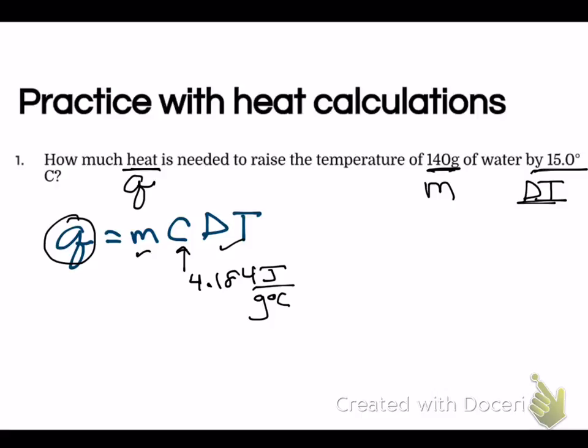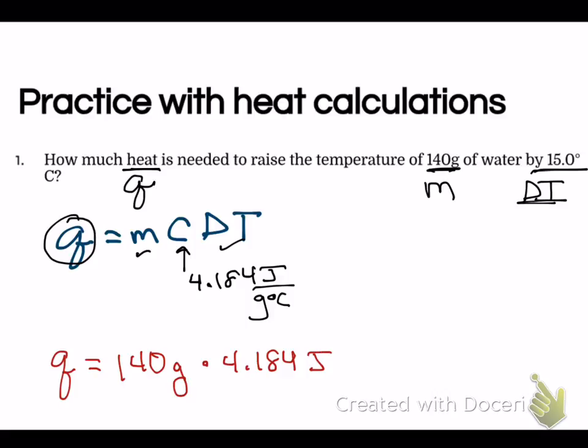So all I have to do is substitute everything into the formula and find Q. I don't even need to rearrange this formula because Q is on the left all by itself. In the future, we're going to have problems where maybe I need to solve for something else that's not Q, so I've got to rearrange the equation a little bit. But this time that's not necessary.